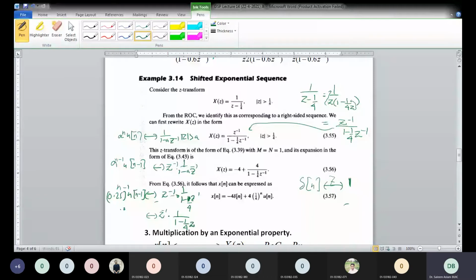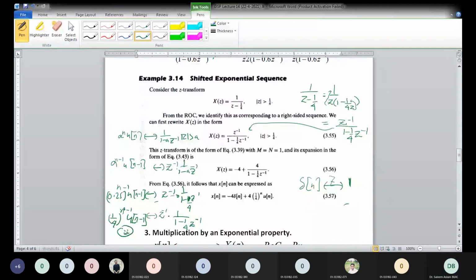So first we take the z transform of 1 over 1 minus 1 by 4 z inverse, that would be 1 by 4, which is basically 0.25, 1 by 4 to the power n u of n. Now because of this z inverse, a delay of one is coming, so you can make it n minus 1, u of n minus 1. So this is your right answer.